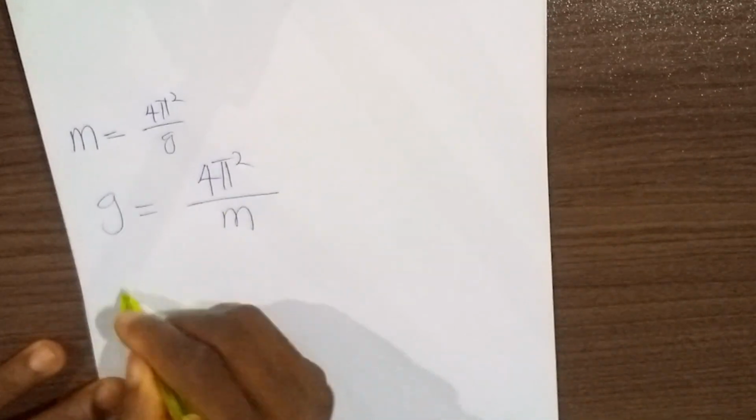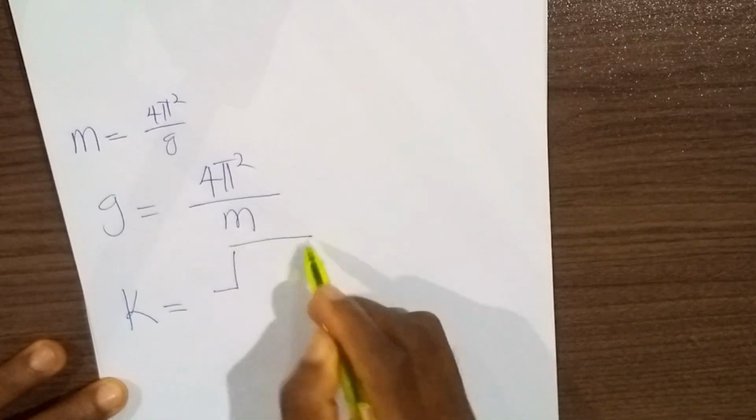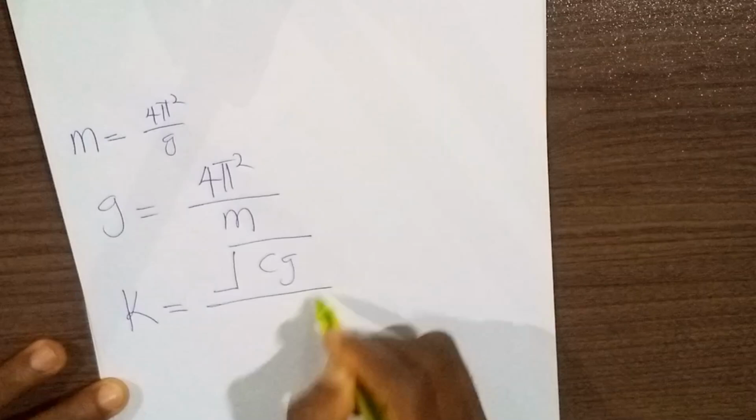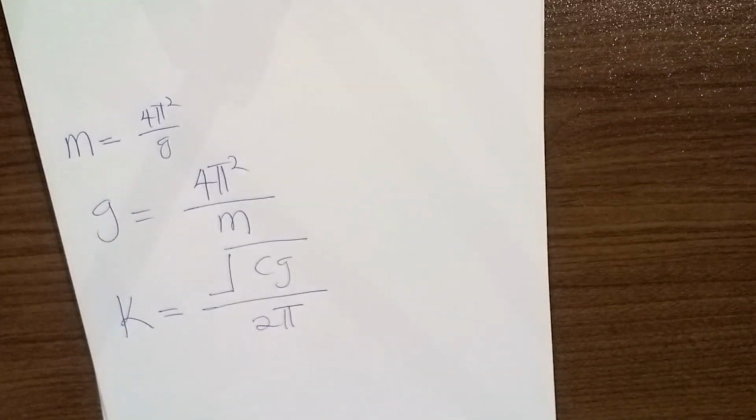And our radius of gyration k is equal to the square root of cg over 2 pi. So from your graphical analysis, you can find the acceleration due to gravity by obtaining the slope and using these equations. If you follow this procedure and input your values, you'll be able to derive your value for g, the acceleration due to gravity, and k, your radius of gyration.